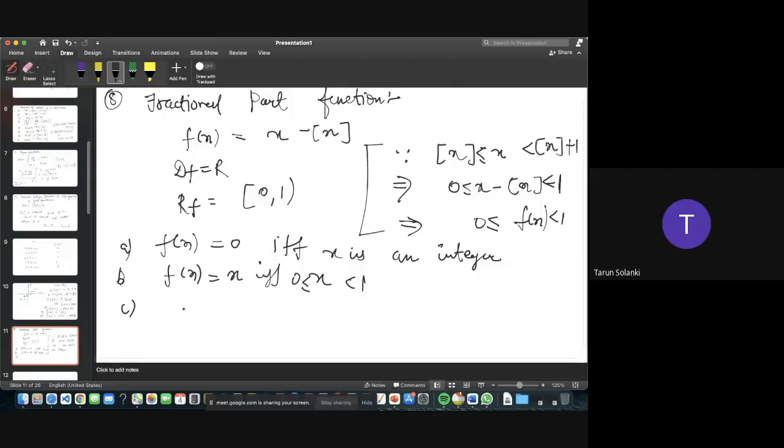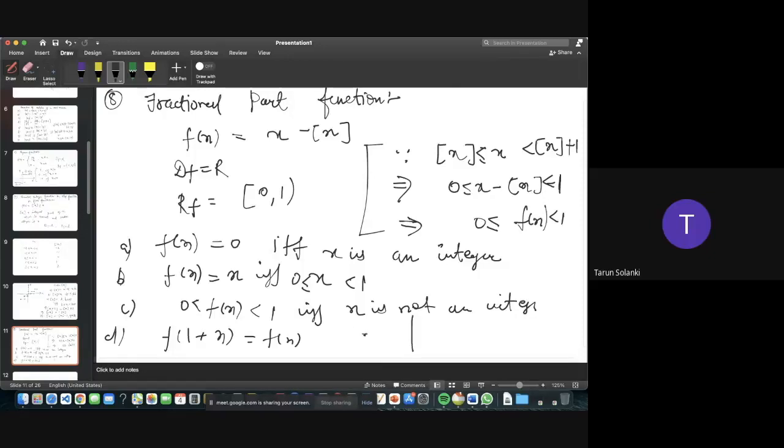Third, 0 is less than f(x) is less than 1 if x is not an integer. And the last is f(1 plus x) is equal to f(x), so this f is a periodic function with the period 1, right?